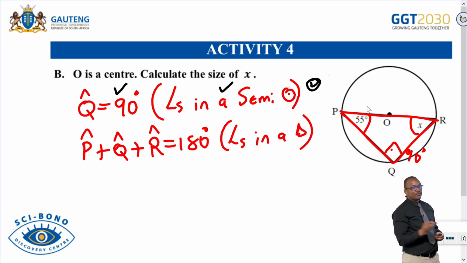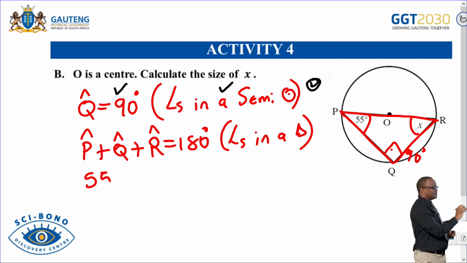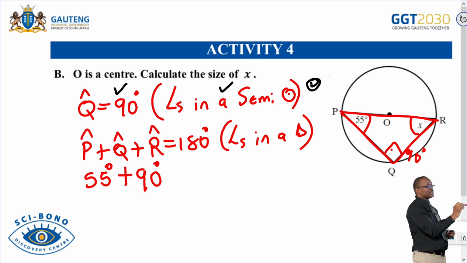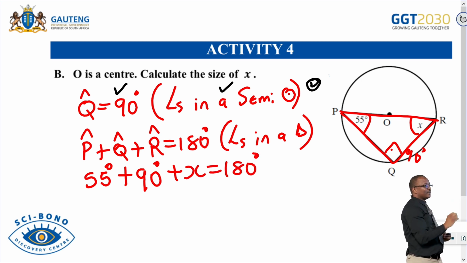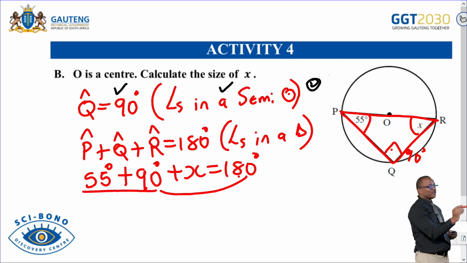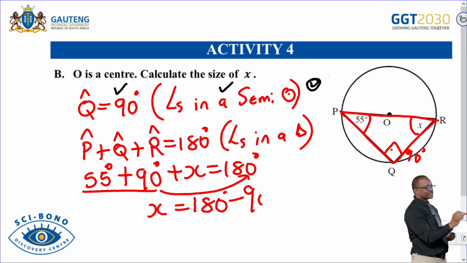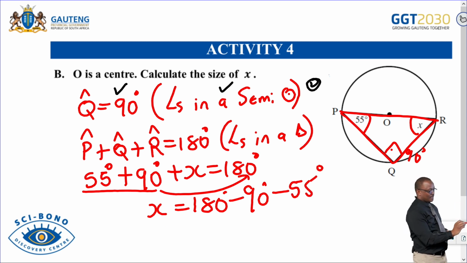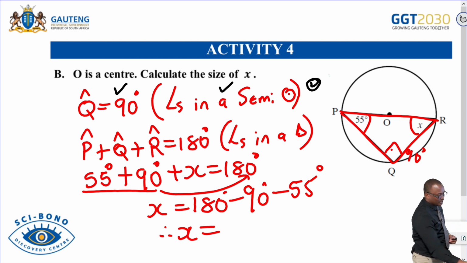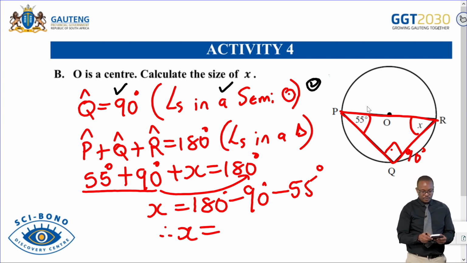Then what is angle P? It's 55. What is angle Q? It's 90 degrees. R is x. Then 180. Then you know that you are going to add the 2 and transpose them to the right hand side. Then your x is going to be 180 minus 90 minus 55. Then you will use your calculator to get the value of x. What will be the value of x?